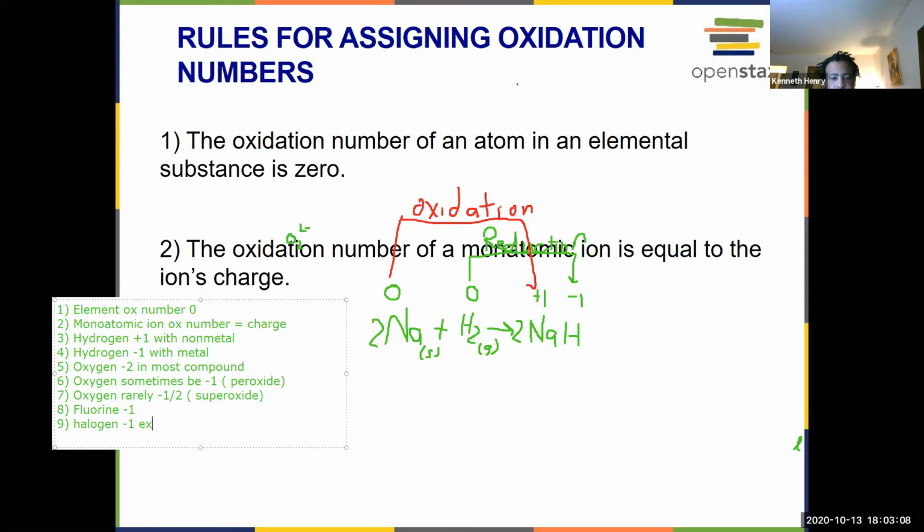Except when with oxygen and other halogens that are higher.